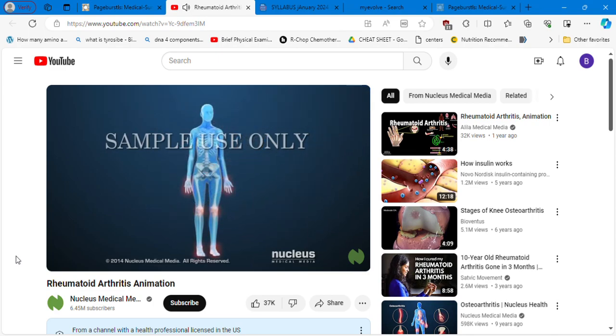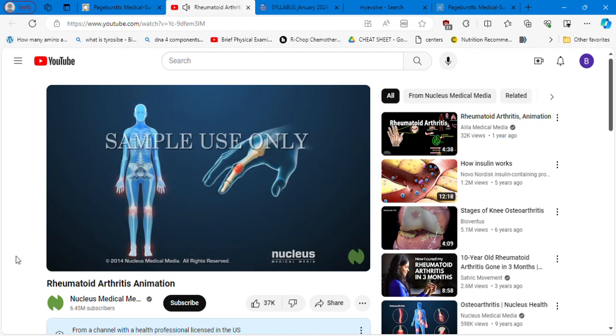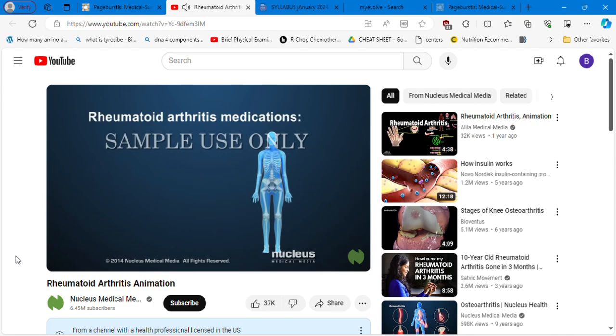There is no cure for rheumatoid arthritis. However, doctors commonly prescribe various combinations of the following medications that, when taken together, can reduce inflammation and pain and slow down joint damage. These include non-steroidal anti-inflammatory drugs, or NSAIDs, steroids, and standard disease-modifying anti-rheumatic drugs, or DMARDs.